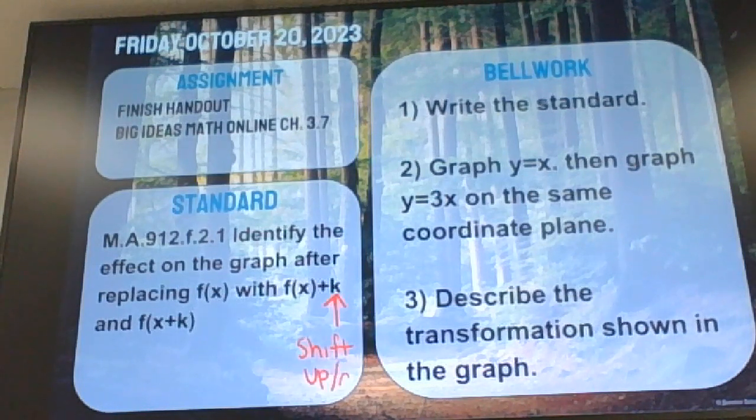Symbolically, a number after the f of x means you're supposed to be able to identify the effect on the graph. If you put a number after your function, it moves it up or down. If you put a number in the parentheses with the x, that shifts it left or right, okay?